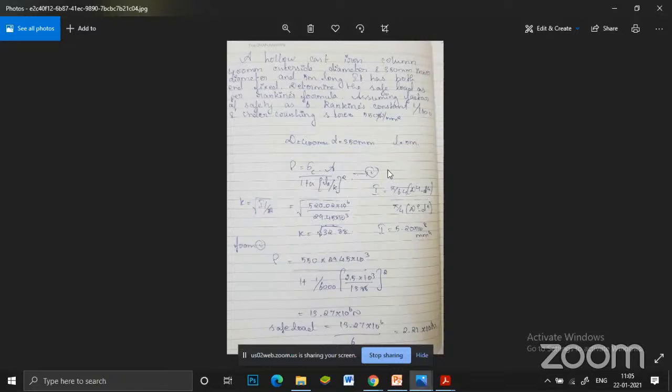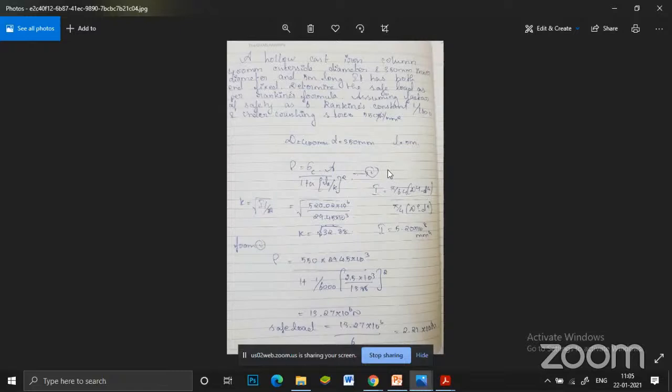The simple example: a hollow cast iron column, 400 mm outside diameter and 350 mm inner diameter. The outer diameter is 400 mm and the inner diameter is 350 mm, and the column is 5 meters long.